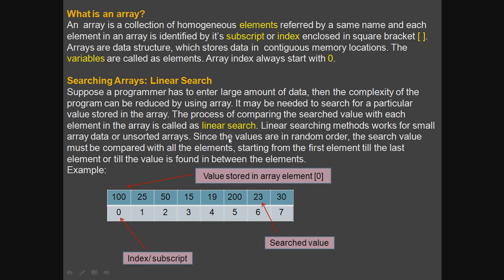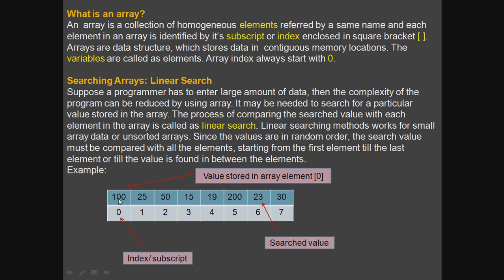Using this linear search method, it is illustrated by an example. Here, this is the index or the subscript. Starting from 0 to 7, you have exactly 8 array elements, or 8 variables to store 8 different values. Here, these are the values stored in the array elements.